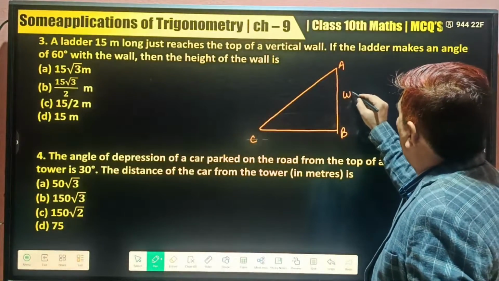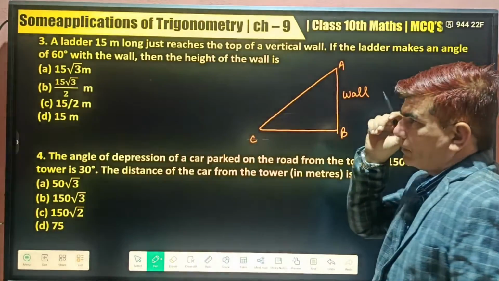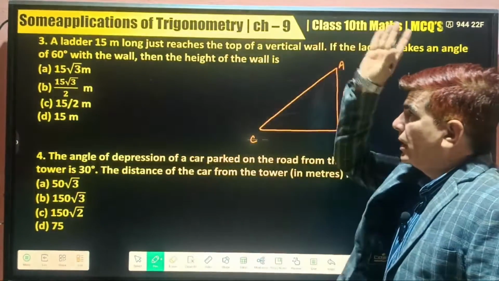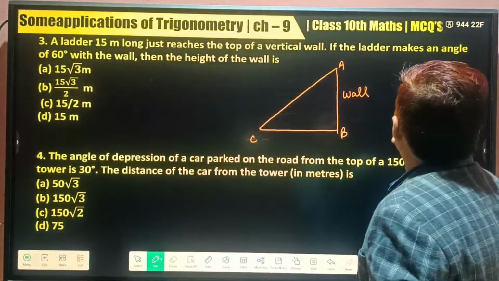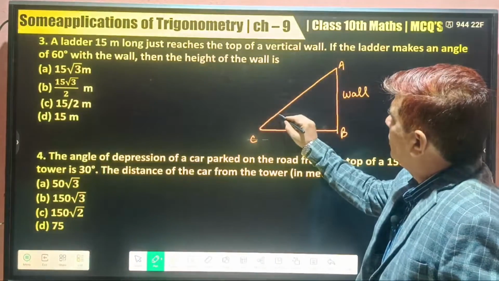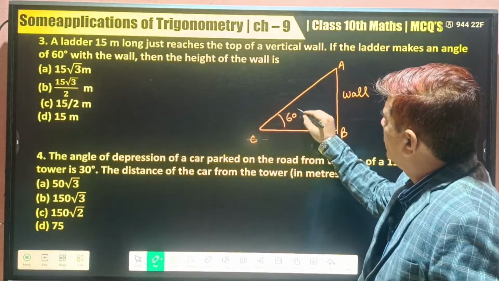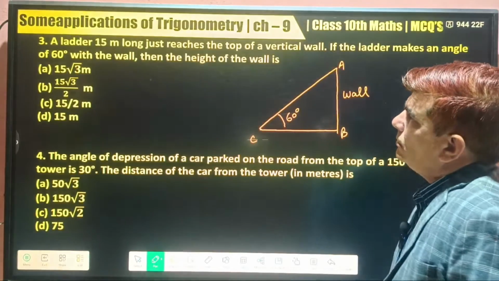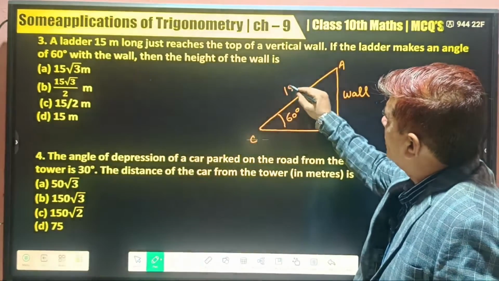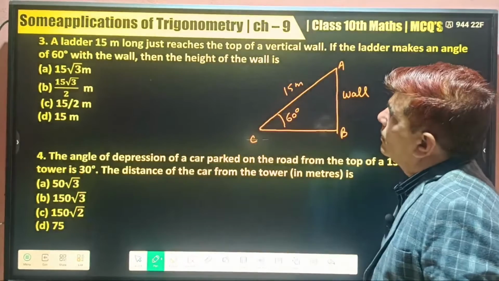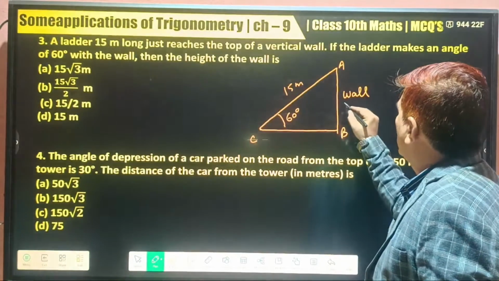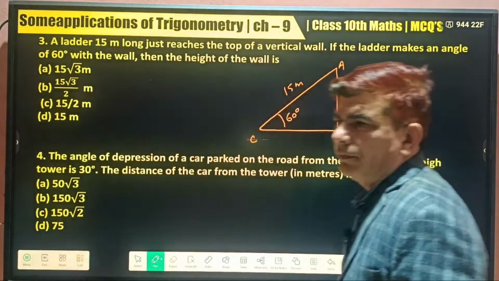So this is the wall, vertical, and the ladder is like this, A, B, C. Horizontal this, vertical this. If the ladder makes an angle of 60 degree with the wall, and it is 15 meters long, then find the height of the wall. So we can say x is the height of the wall.